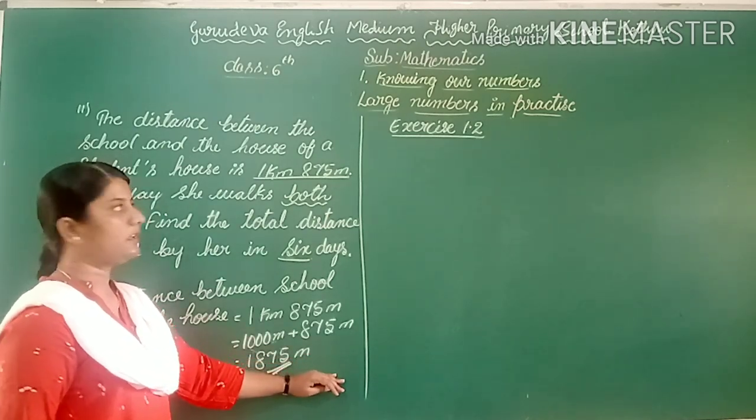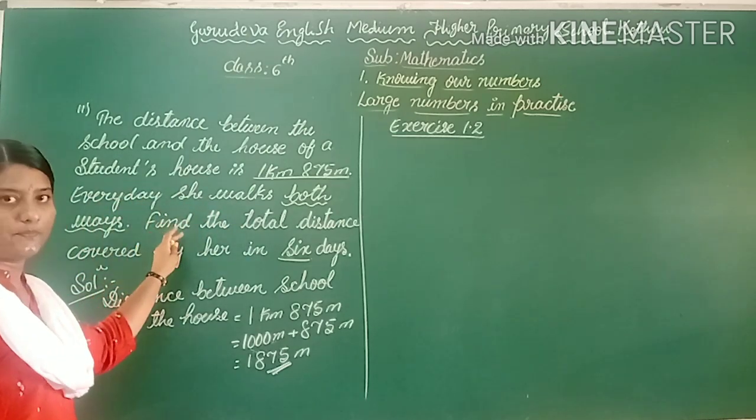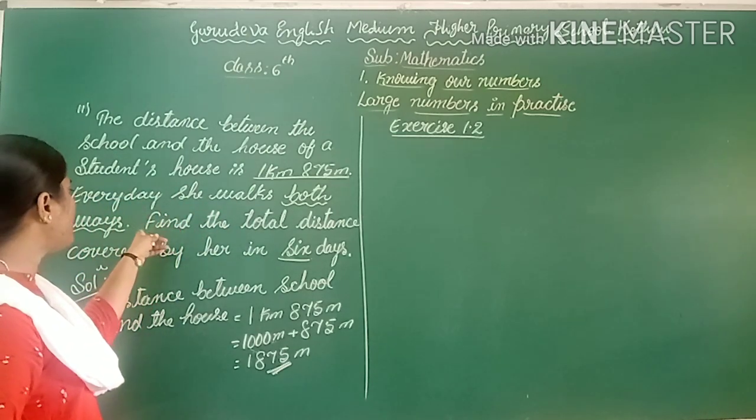Okay, the distance between the school and the house is 1875 meters. And they have also given that every day she walks in both ways.